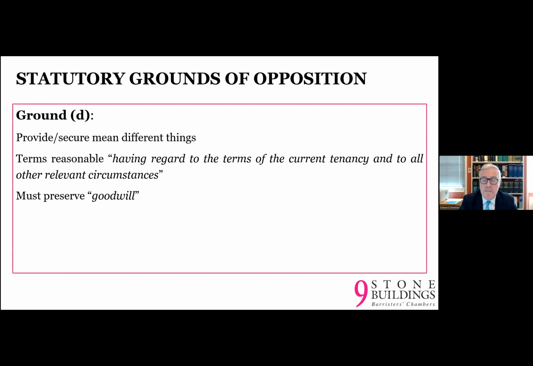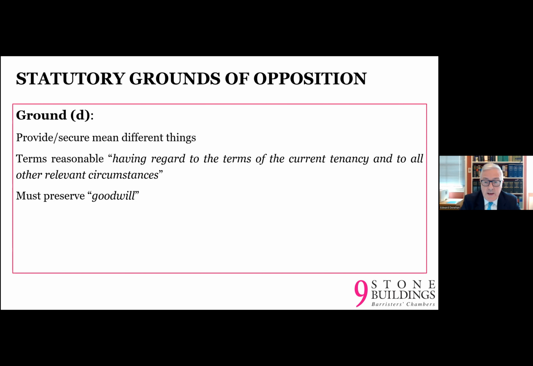Of course, it may well be that it's an impossibility for the landlord to provide alternative accommodation on precisely the same terms. There might be slightly different premises and so on and so forth. But in my view, the main terms of the tenancy of the offered accommodation must be pretty close to the terms of the current tenancy, and the burden will be on the landlord to justify any departure from the terms of the current tenancy.